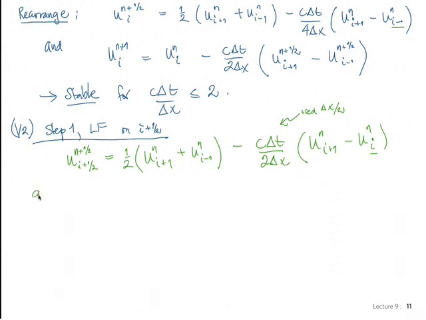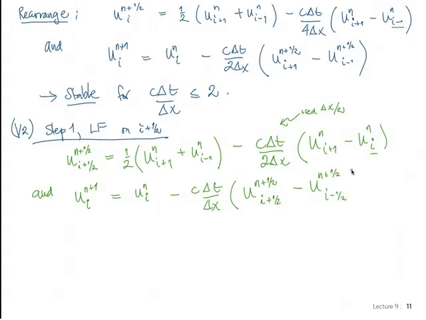So second step here, u^(n+1) at i, we get now the final answer, equals u^n_i minus c delta t divided by delta x, and here we use the predicted values at n plus 1/2 and also i plus 1/2, and this is going to be n plus 1/2 and i minus 1/2. So it's a center difference where i is my central point, but I'm looking at 1/2 delta x on both sides.